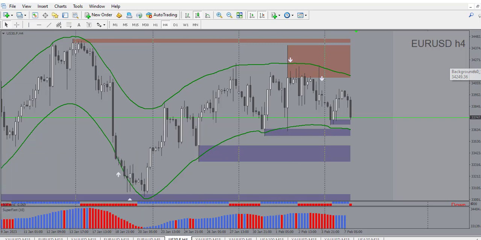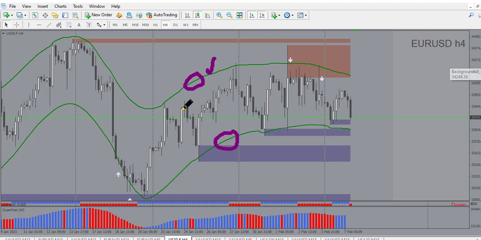Alright, this is how I use this particular strategy. And the number one thing you have to look out for is this band. Make sure that the price either touches the upper or the lower band before we consider any setup at all.